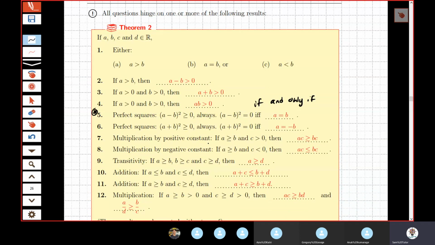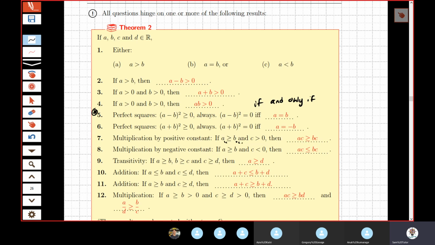Multiplication by a positive constant. If A is bigger than or equal to B and C is bigger than 0, then if I multiply both of these sides by C, the inequality will still hold true. So AC would still be bigger than or equal to BC.